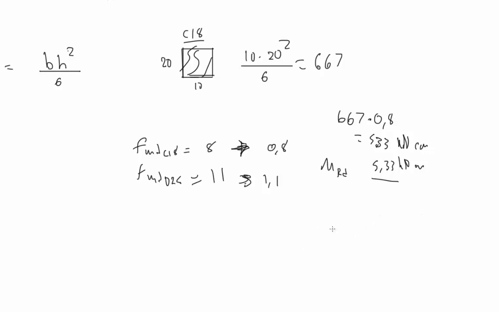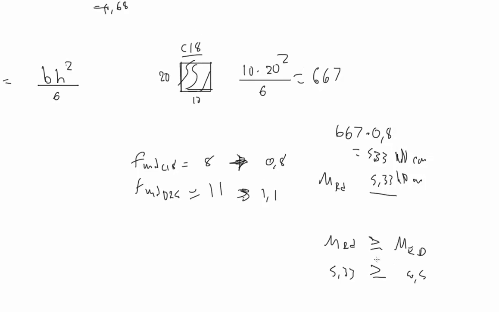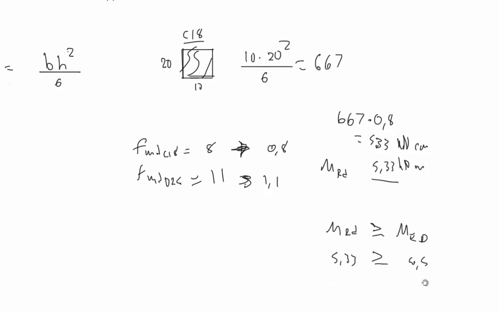Let's write it in the right way: MRD is higher or equal than MED. So again, MRD 5.33, the MED that we had before 4.5. So the maximum bending moment due to self weight is lower than the resistance. So yes, it's okay. This is safe.